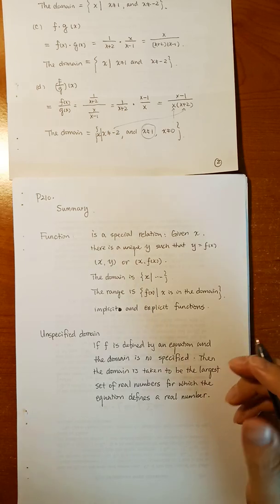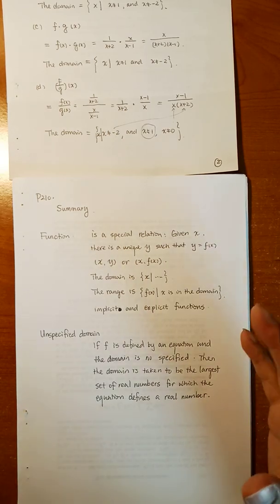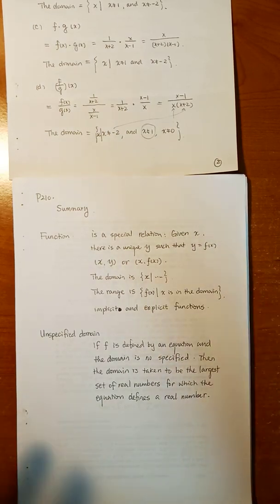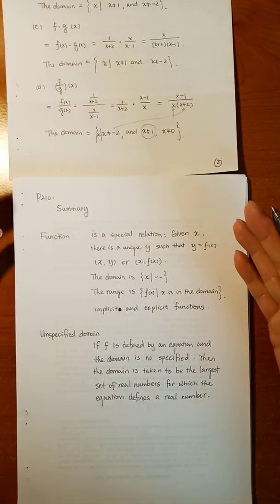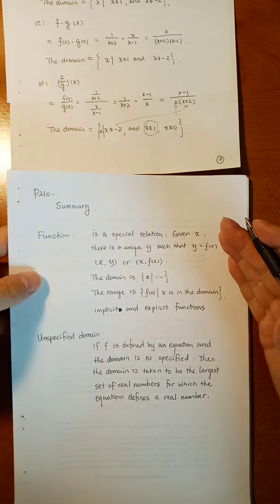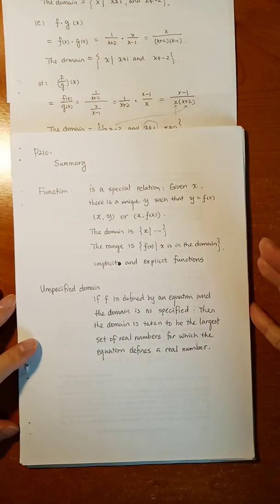Okay, so basically, if the domain is not specified, then you just get the largest possible input. Whenever input makes sense, you put it in the domain. Okay, so that's an unspecified domain.